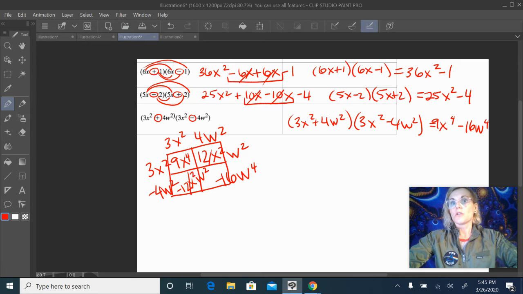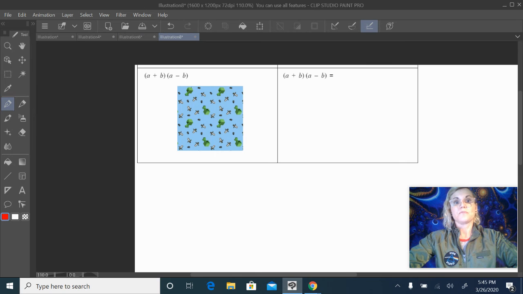So hopefully you notice all of these are put together with subtraction. The first term is the first term of this squared, and the second term is your second term squared. So let's write that out. Again, A represents your first term, B represents your second term, no matter what it is. It doesn't just have to be a number or a variable, whatever that full term is.